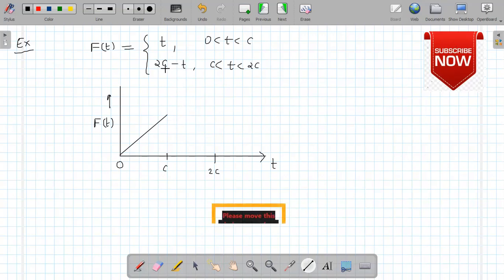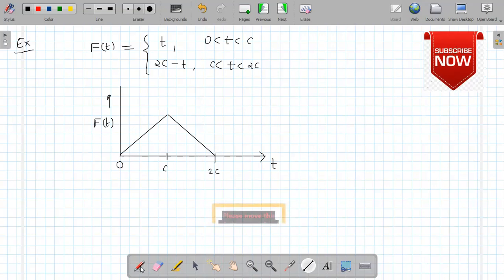When t is equal to c, its value is c, so it is exactly above c. And when it is 2c, the value of the function is 0. So it would be like this. This is the graph of the function.